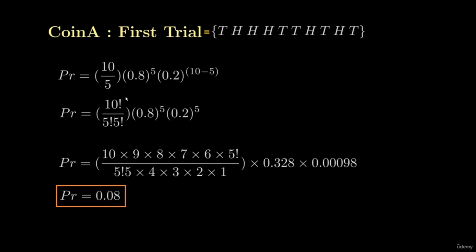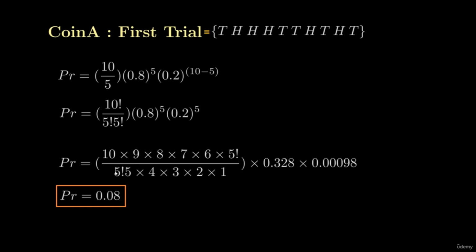So if we solve these values, this becomes 10 factorial, this becomes 5 factorial, and this becomes 10 minus 5 factorial. And 10 factorial becomes 10, 9, 8, 7, 6, 5, and we can stop here because it will continue till 1. But if we want to stop before, then we have to put a factorial sign again.